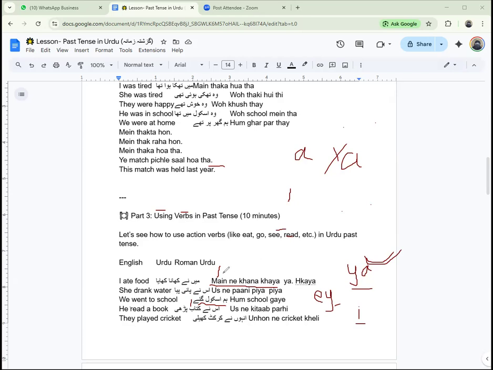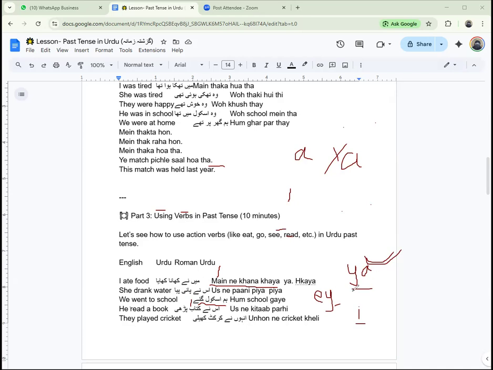If we're talking about they ate food, we translate again: उन्होंने खाना खाया. हमने खाना खाया. मैंने खाना खाया. उस लड़की ने खाना खाया.